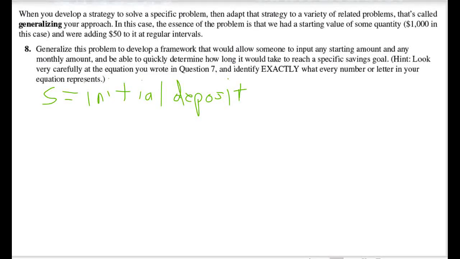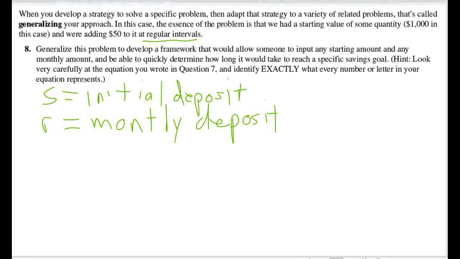And I need a variable for the $50. I would call it M for monthly deposit, but we're using M for the number of months. I'm going to call it R because I see regular intervals up here. So R equals the monthly deposit. It was stated earlier, but I'm going to write it again anyway. M equals the number of months.